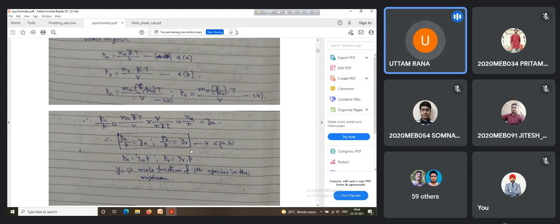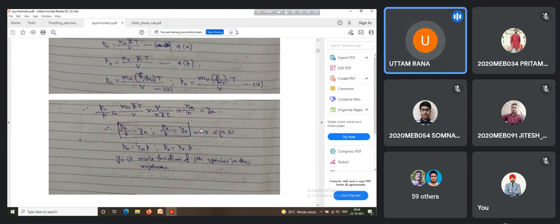That is what has just been logically established. So partial pressure of the air present in the mixture is total pressure into mole fraction of the air. Similarly, partial pressure of the water vapor present in the mixture is the total pressure into the mole fraction of the water vapor.